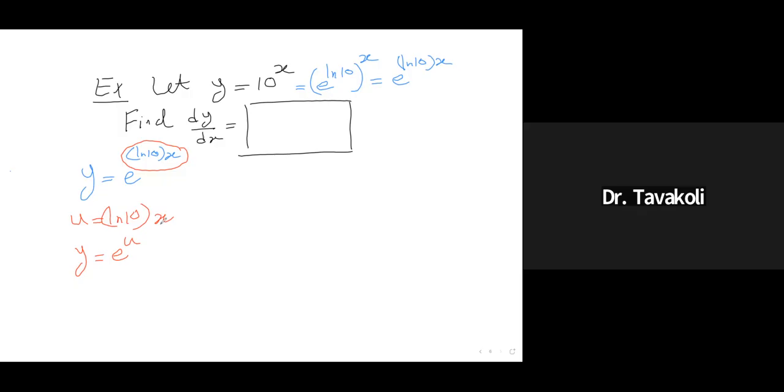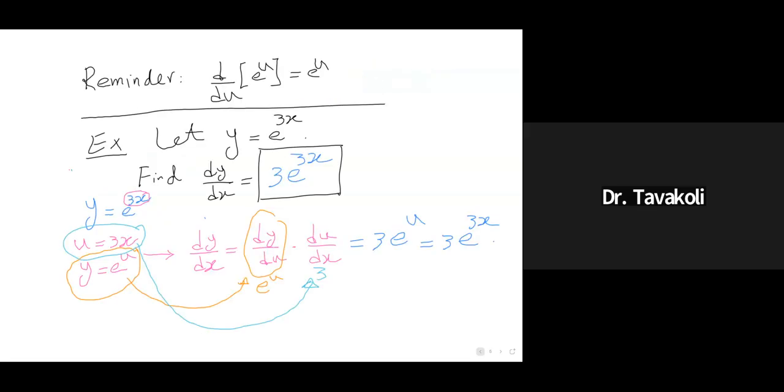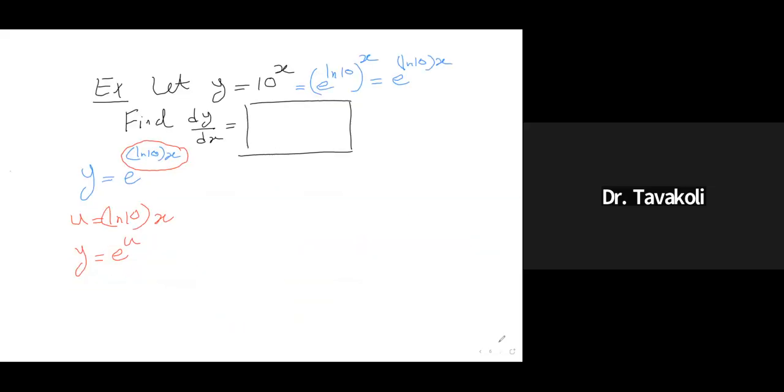This looks like the previous example. Instead of ln of 10, we had 3 in the exponent, right? 3 times x. Do you remember? e to the power of 3x. It's kind of similar to that. Instead of u being 3x, u is ln of 10 times x, and y is e to the power of u.